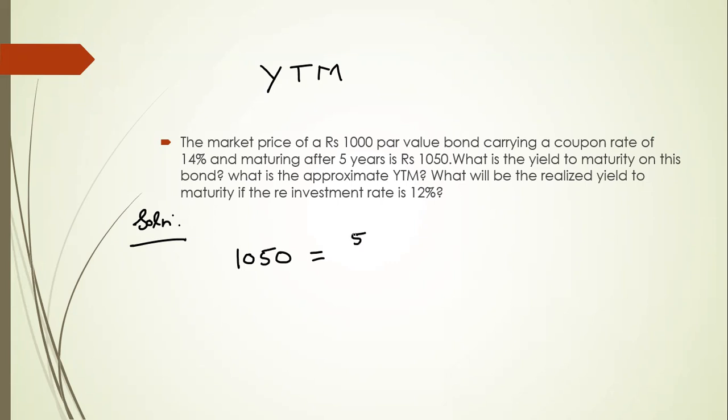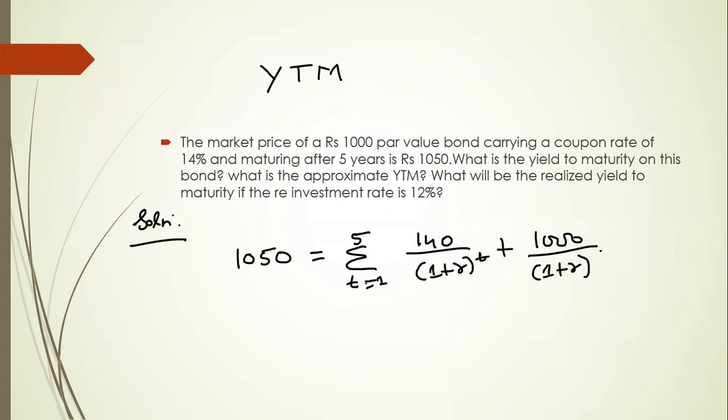So the summation, T equal to 1 to 5, of C, which is 14% of 1000, that is 140, divided by (1 plus R) raised to T, plus 1000 par value divided by (1 plus R) raised to 5. This is what we know, and we need to calculate R, which is nothing but the yield to maturity.